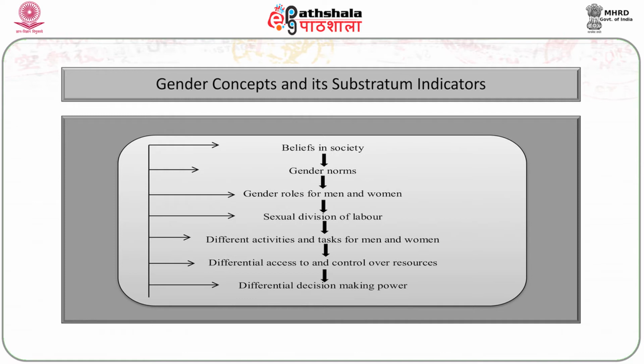Again, there is a differential that comes out of this in terms of the access to and control over resources, over money, and finally, the differential in decision making powers. Who decides? The person who decides is the person who has the resources and the person who has the power.